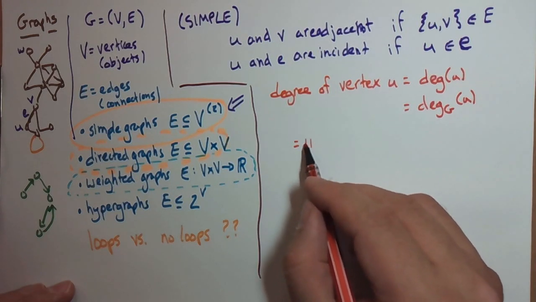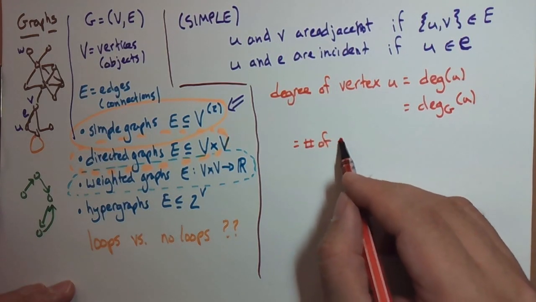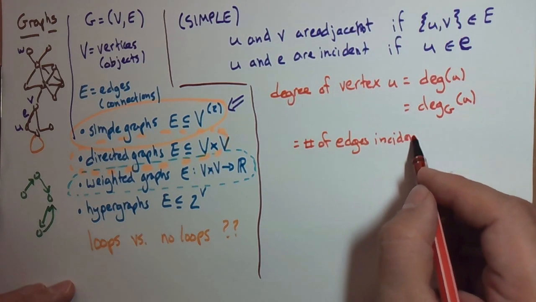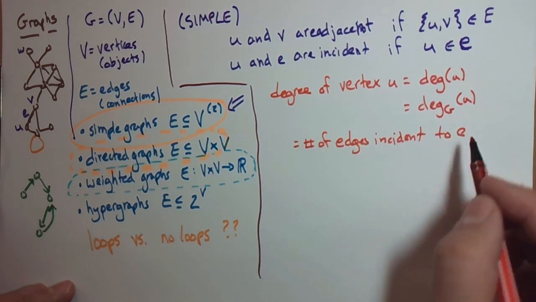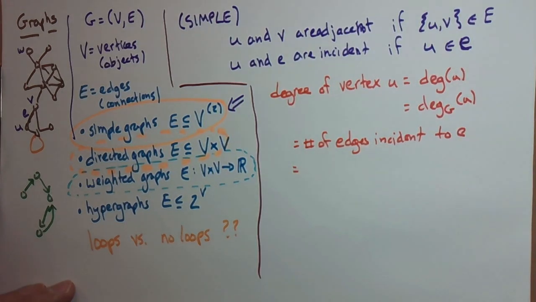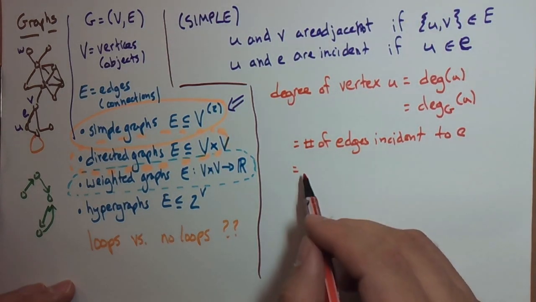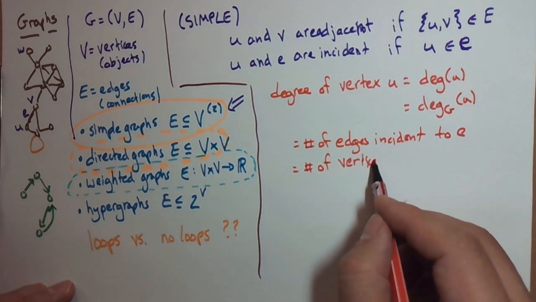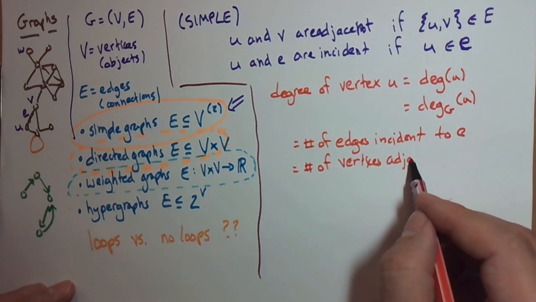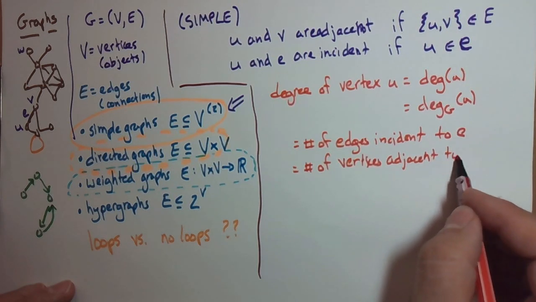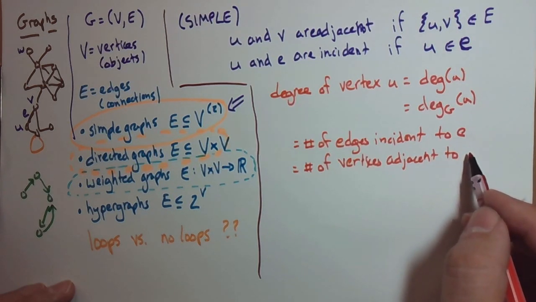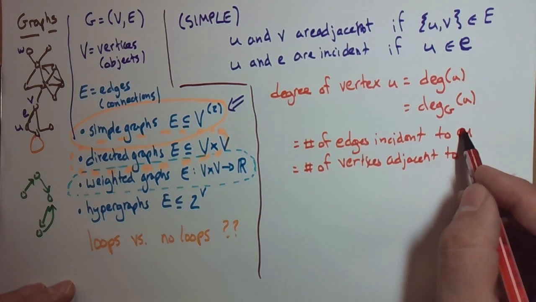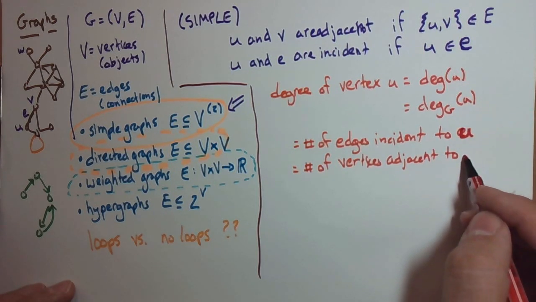So you can say it's the number of edges incident to U. Good. Is there another way to think about it? The number of adjacent vertices. Right, it's the number of vertices adjacent to U, as long as you don't have repeat edges. So the number of edges incident to U, and the number of vertices adjacent to U.